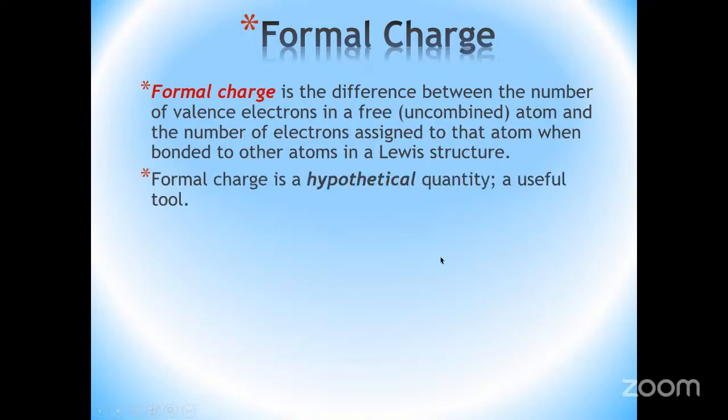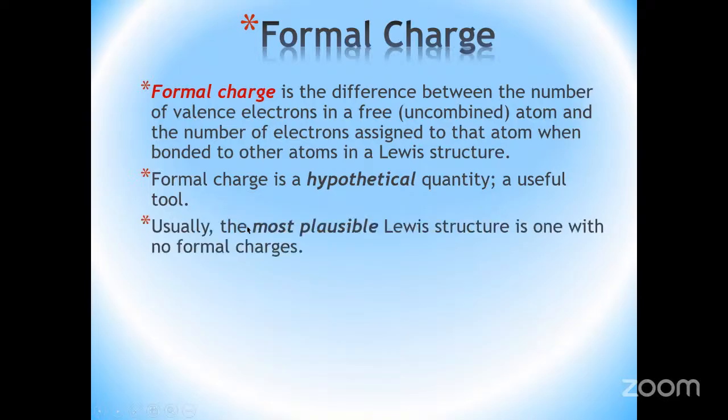Now, please note that the formal charge is, not always, but in some cases, a purely hypothetical quantity and a useful tool. In other words, in some cases, the formal charge doesn't exist in the actual structure, but we use it in order to determine what the actual structure is, all right?